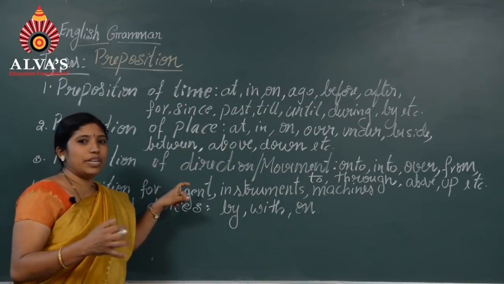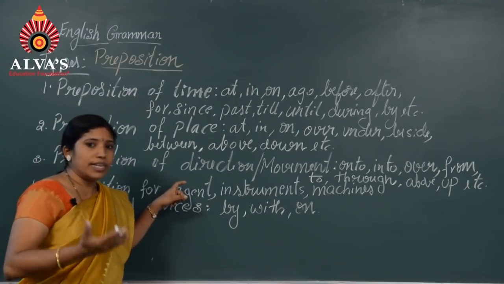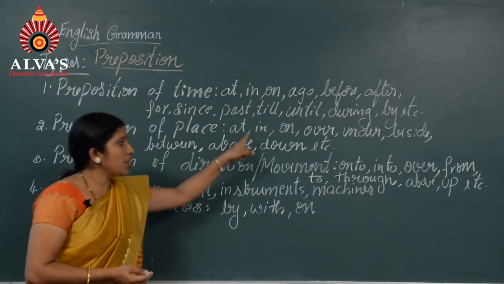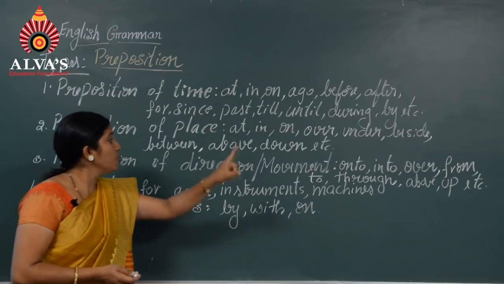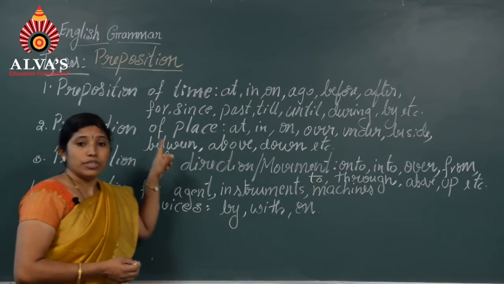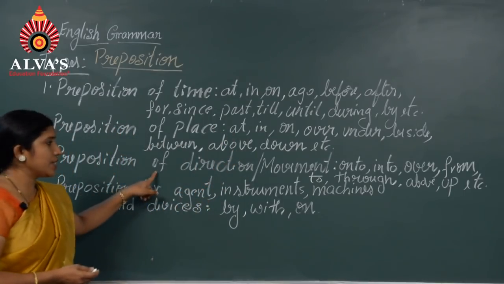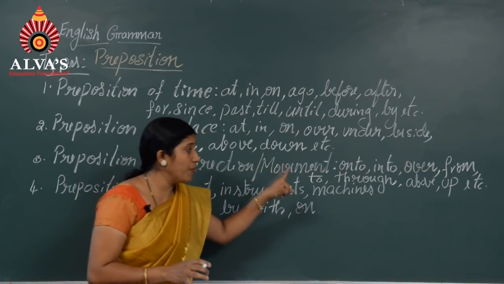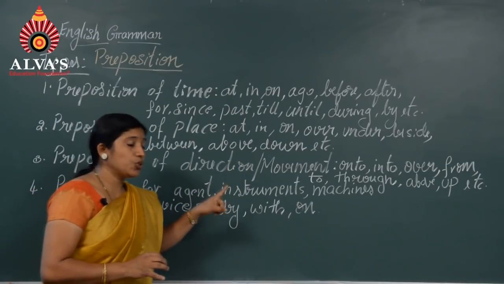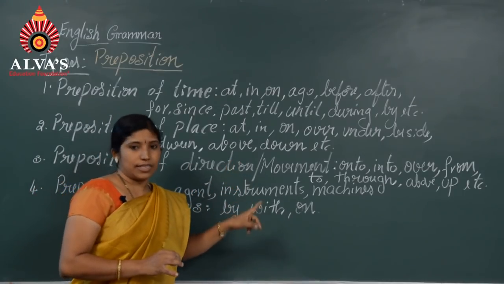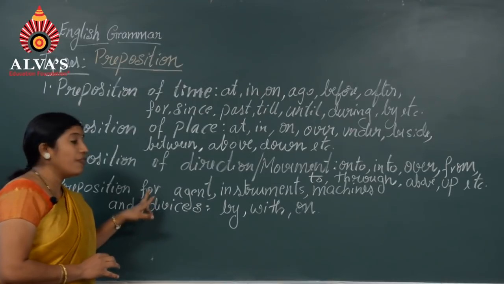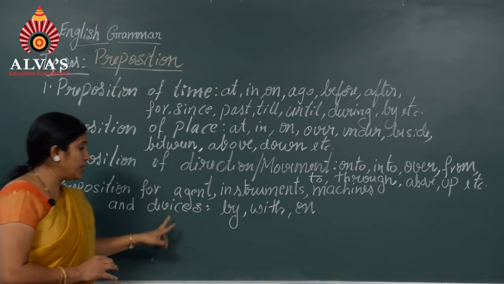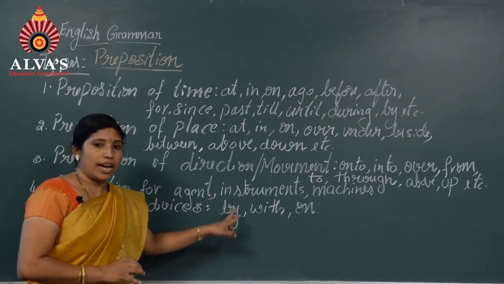That is why sometimes we will have confusion while conversing with others. Direction shows the movement: onto, into, over, from, to, through, above, up, etc. And for instruments, machines or devices: by, with and on.